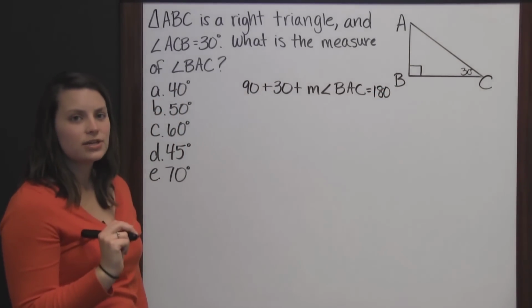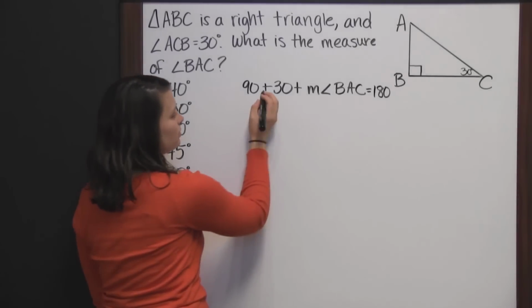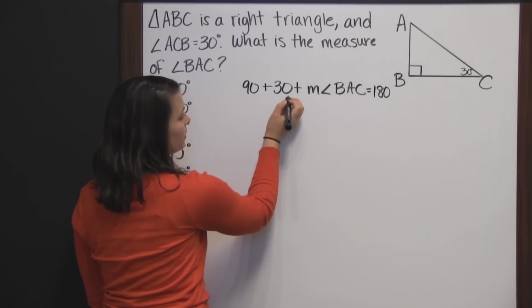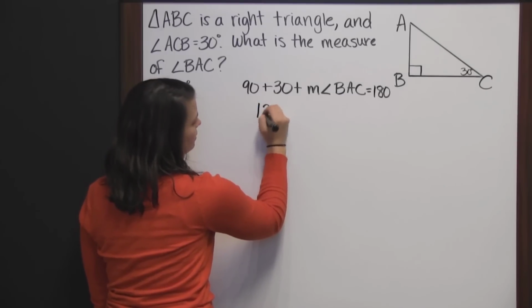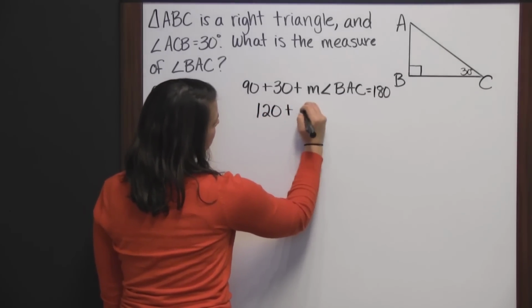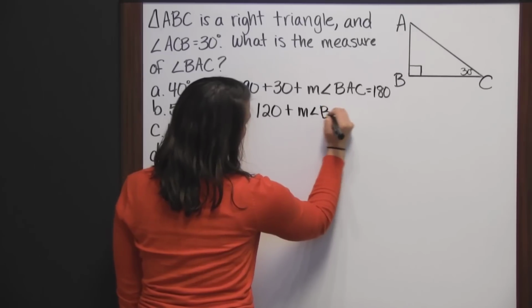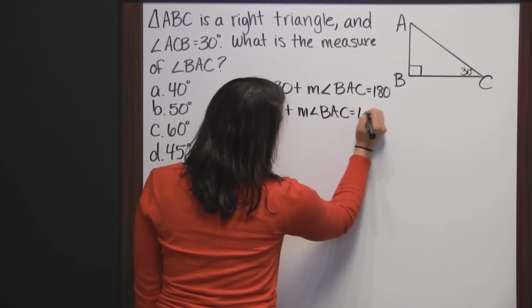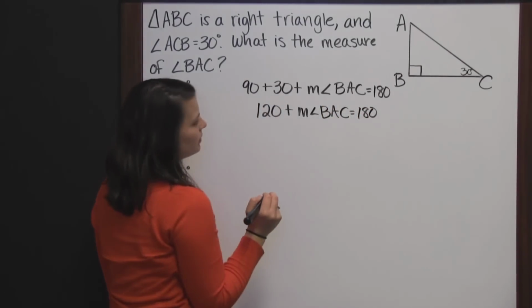The first thing I need to do is combine like terms. 90 plus 30 is 120, plus the measure of angle BAC is 180 degrees.